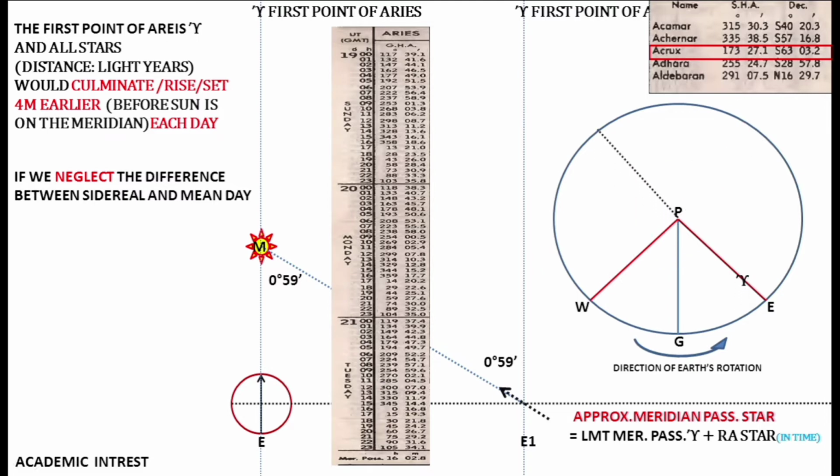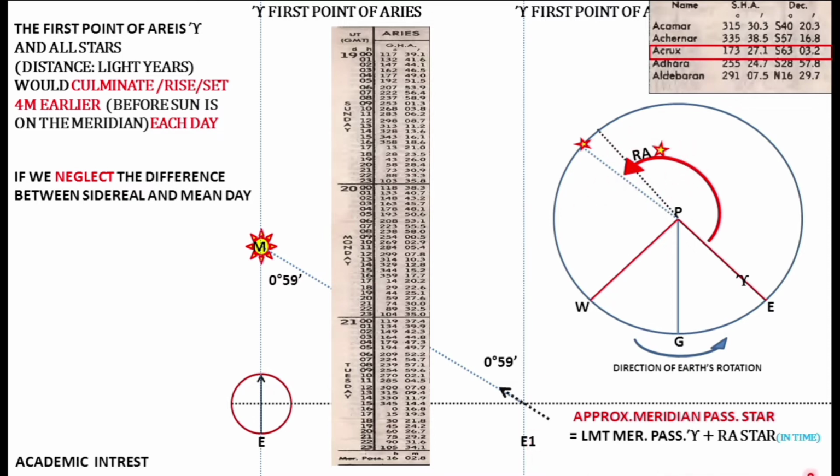Now this is another thing which I'm just trying to show you here. You're on the easterly side, same star, SHA 170, RA. So when will the star be on my meridian? The Earth has still got to move the angular distance of RA. So LMT meridian passage of Aries plus the amount of time taken by Aries.